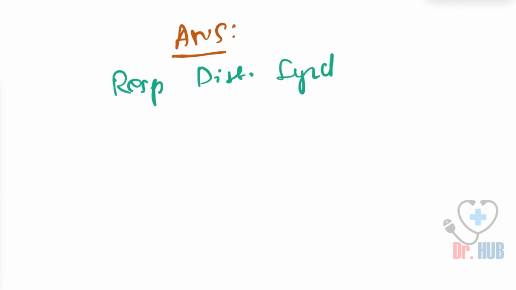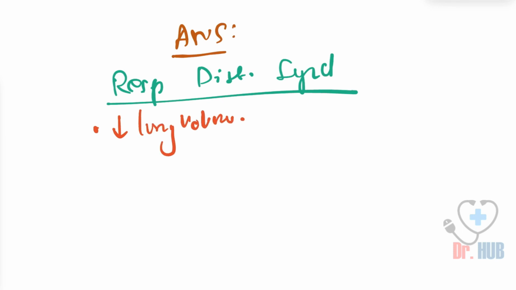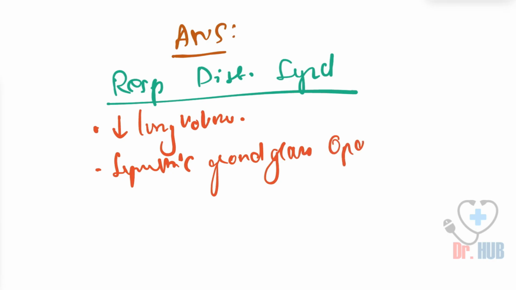Now, to answer our question, we asked one question. That question was related to the respiratory distress syndrome. So what does it include? Respiratory distress syndrome includes the low lung volume. Next, there is a symmetric ground glass opacity, and this is nothing but a reticulogranular pattern.